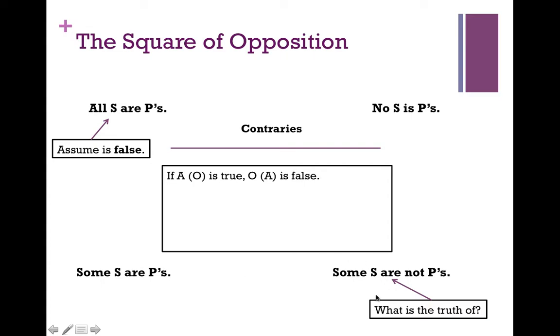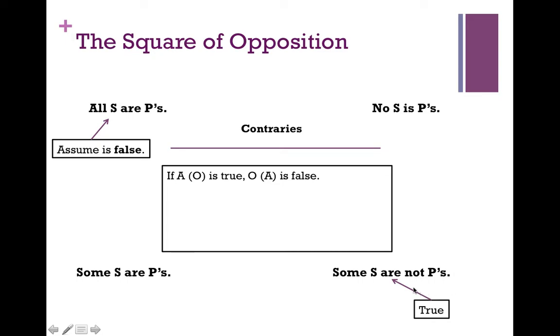And either way we go, if it's not true that all S are P, then it must be true that some aren't. And so you can see that if the A-form is false, it's going to follow that the O-form proposition is true.